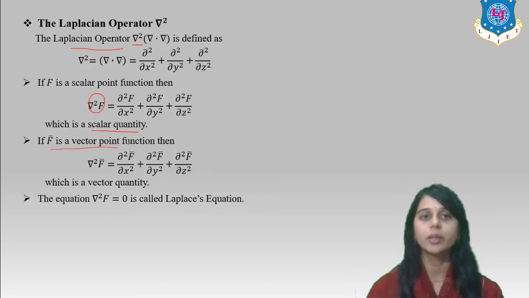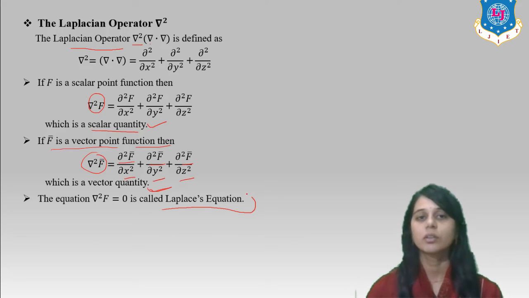If f is a vector point function, then del square f bar is del square f by del x square plus del square f by del y square plus del square f by del z square, which is also a vector quantity. This is your scalar quantity, this is your vector quantity. The equation nabla square f equal to 0 is called the Laplace equation.